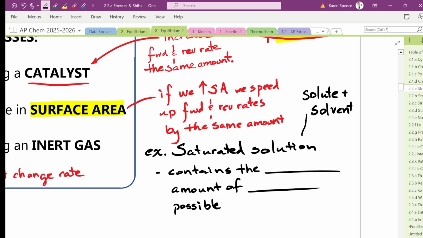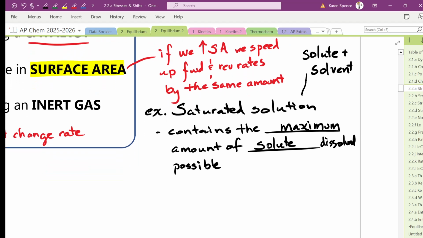And if something is saturated, it has the maximum amount of solute. I guess I should say dissolved. I should have put dissolved first, but I've got space for it here, so I'm going to put it here. The maximum amount of dissolved solute possible.